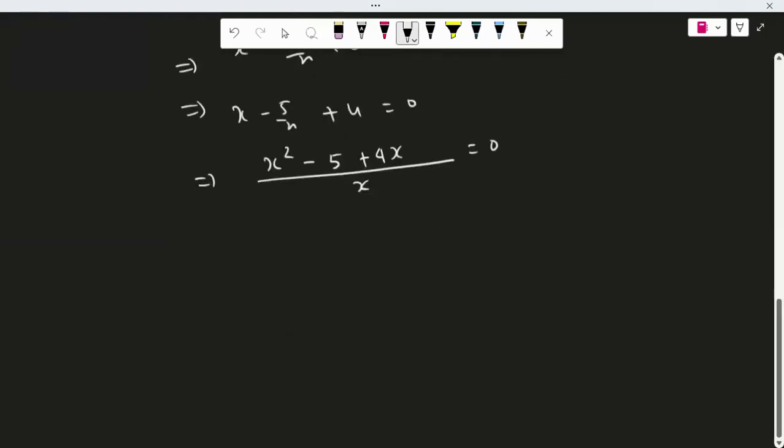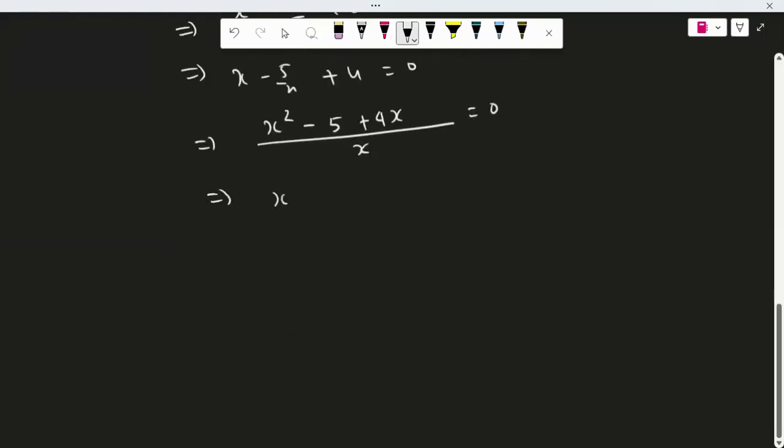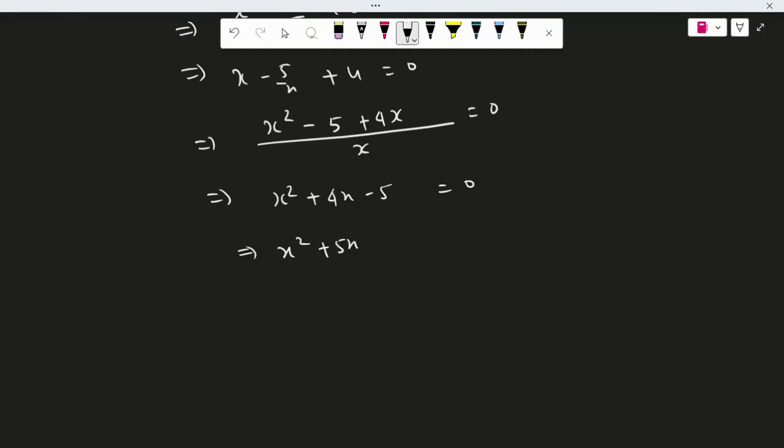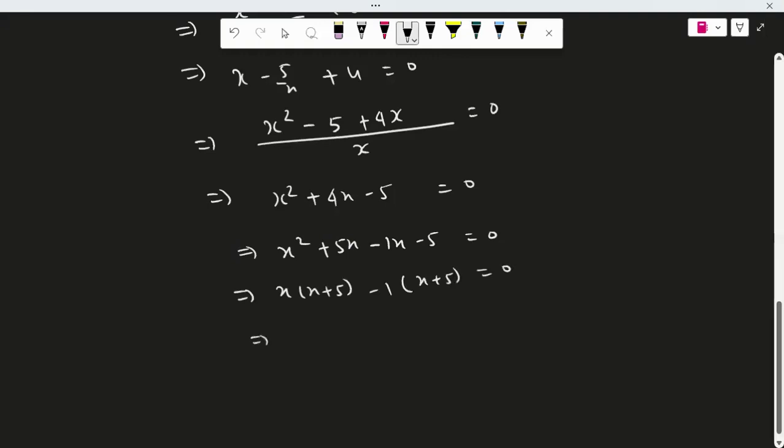So finally it will become x square plus 4x minus 5 equals 0, and x square plus 5x minus 1x minus 5 equals 0. The middle term is splitting. Taking x common, we have x plus 5, and taking minus 1 common, we have x plus 5 and x minus 1 equals 0. So x equals minus 5 and 1.